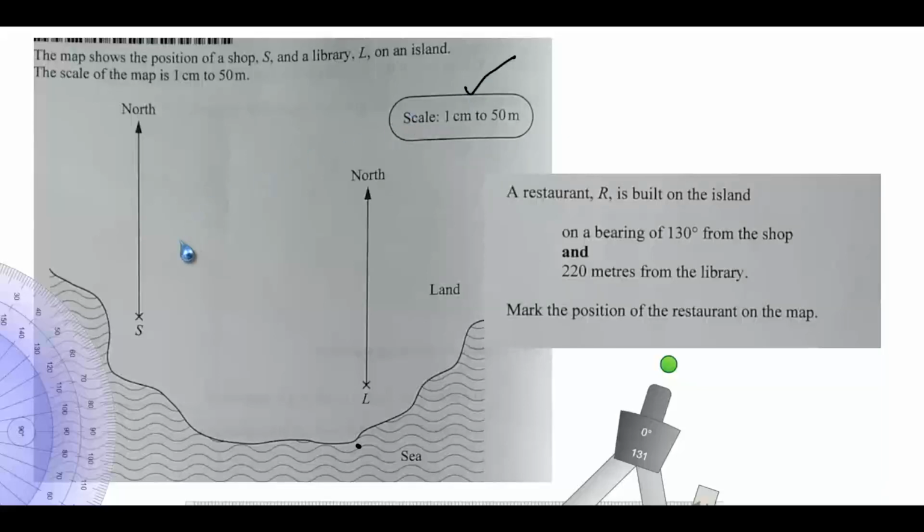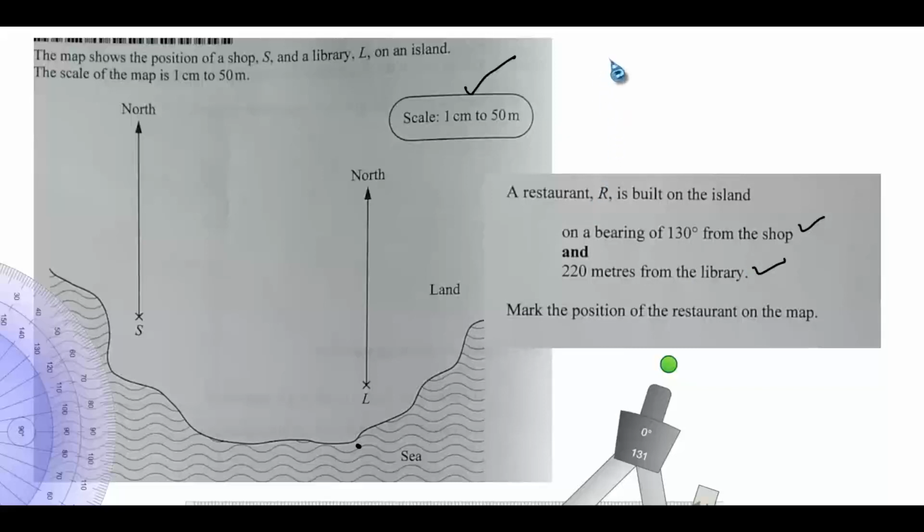So the question is this: a restaurant R is built on the island on a bearing of 130 degrees from the shop and 220 meters from the library. So we have two conditions here: on a bearing of 130 degrees from the shop and 220 meters from the library. So let's start.